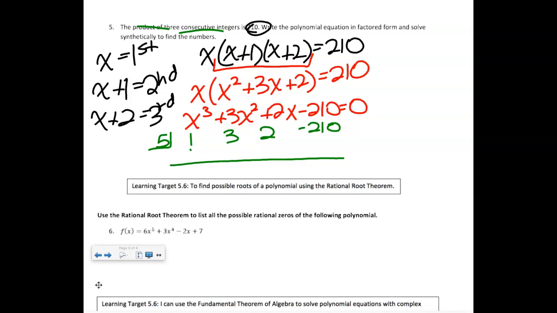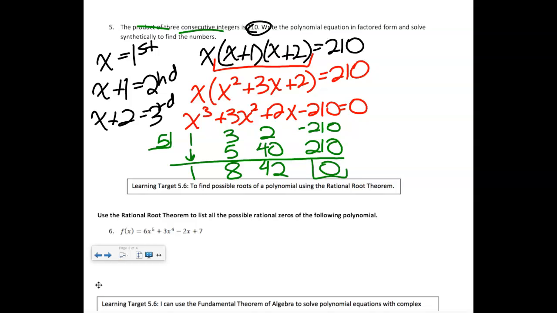Okay, so we know we're right if we get 0 at the end. Again, use your calculator if you need it. No judgment. Are we good? Okay, so we got 0.